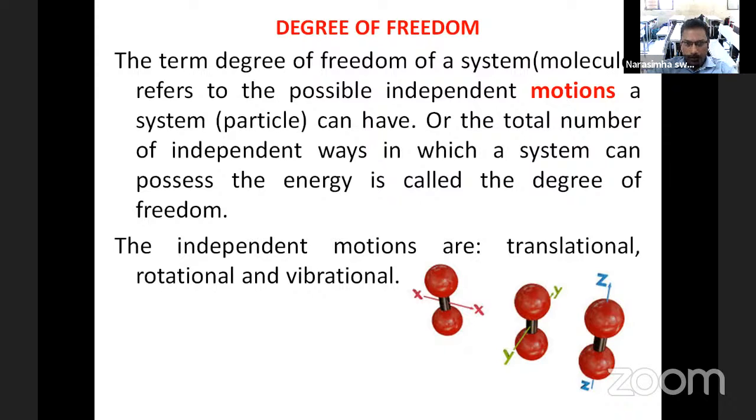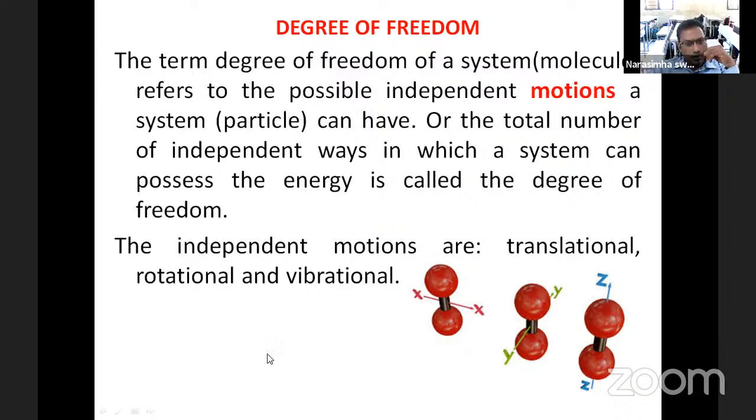For example, one atom or particle can move in any direction along the x-axis or y-axis, positive or negative, as shown in the diagram. So this is what the degrees of freedom are.